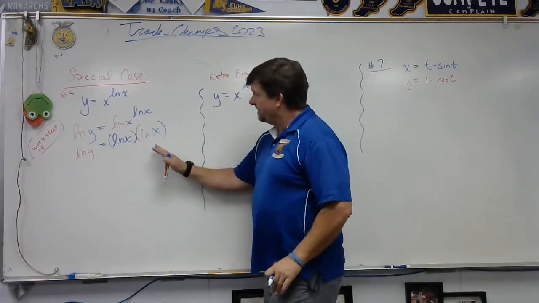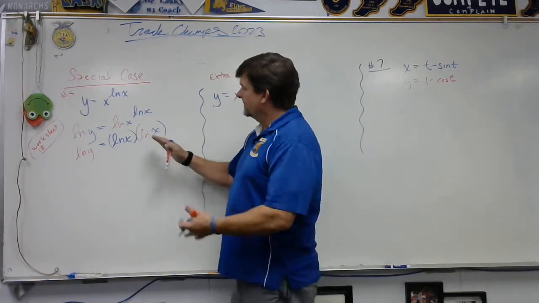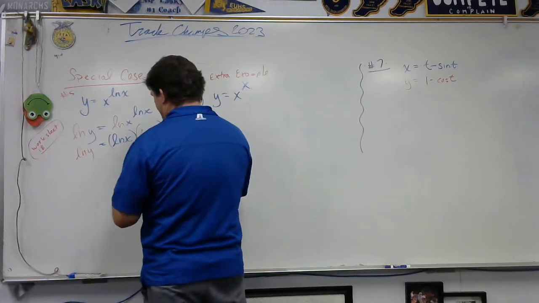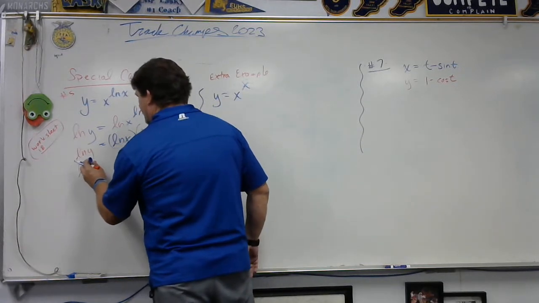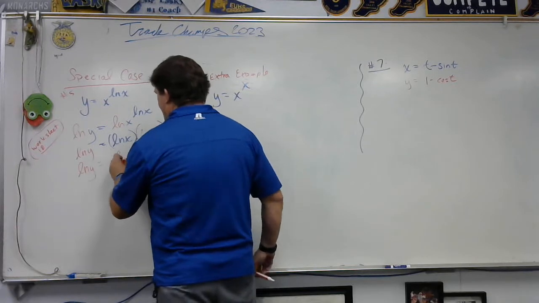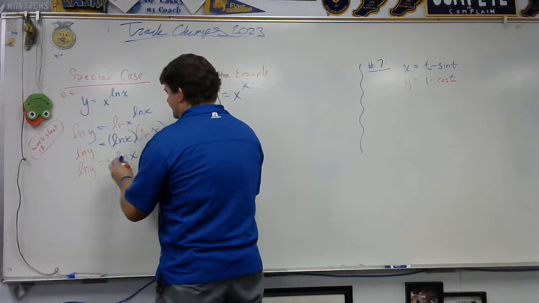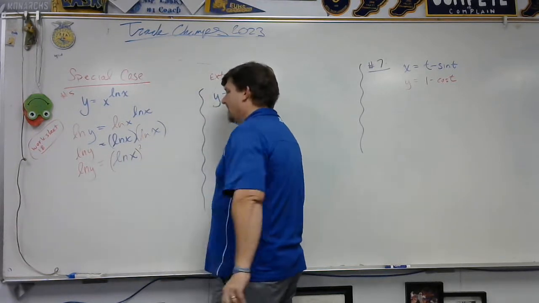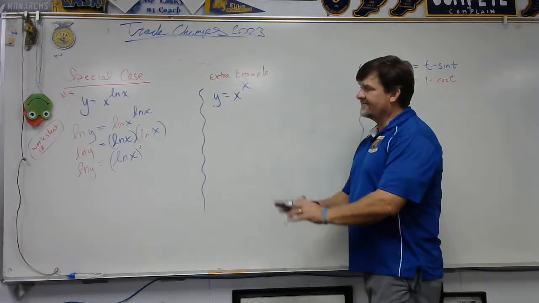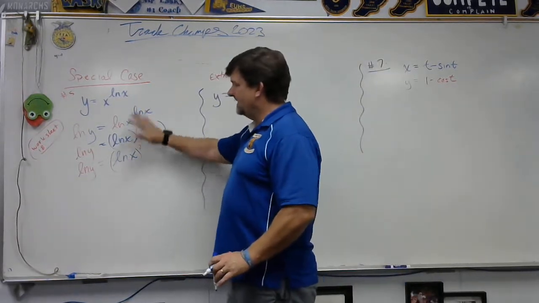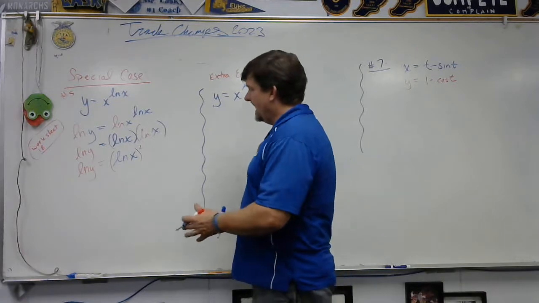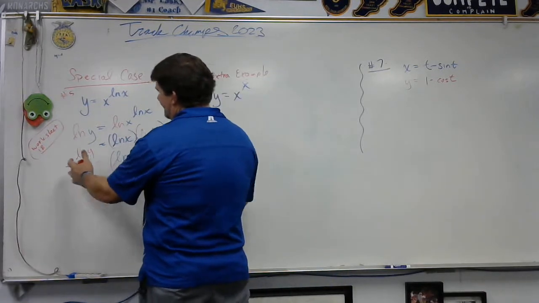So now we've got two of them, which makes it squared. So let's rewrite it one more time. Natural log of y equals the natural log of x squared. I haven't taken the derivative yet. I haven't done anything. Now I can take the derivative of both sides.